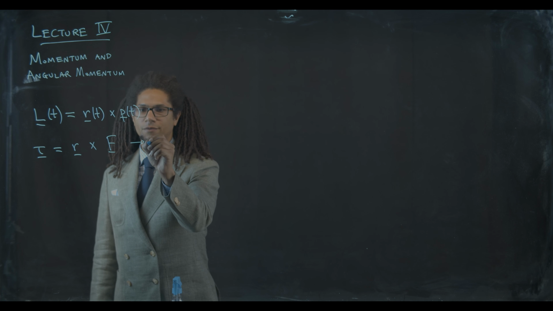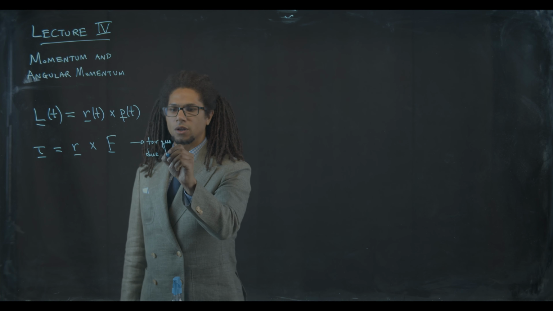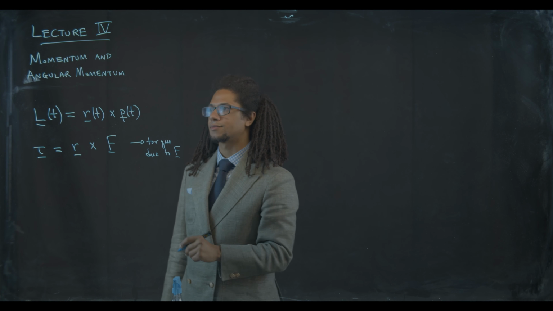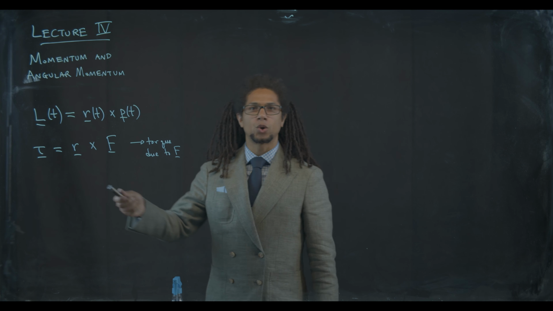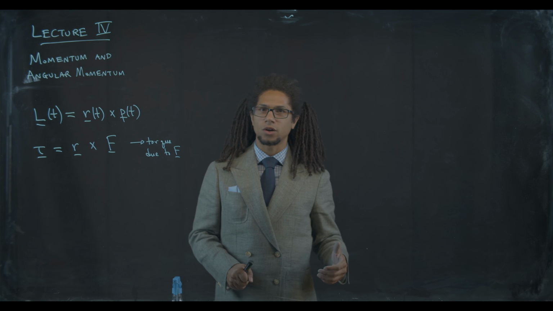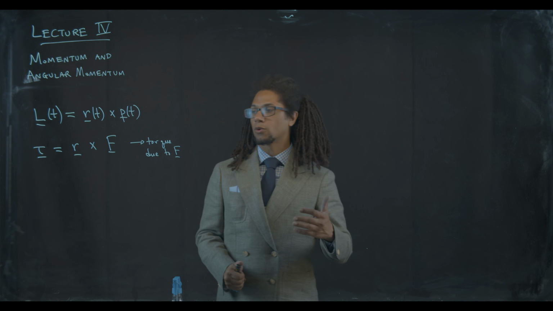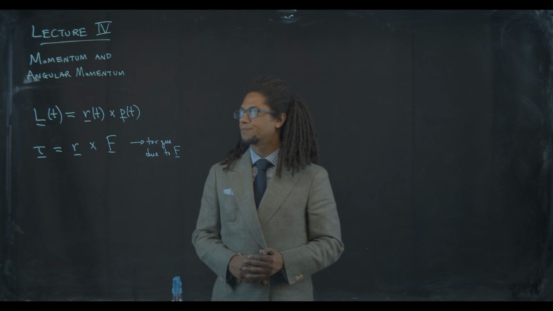So this is the definition of the torque due to a force F. And we will see that torque plays a relatively analogous role in Newton's laws for rotation as force does in Newton's laws for linear motion.